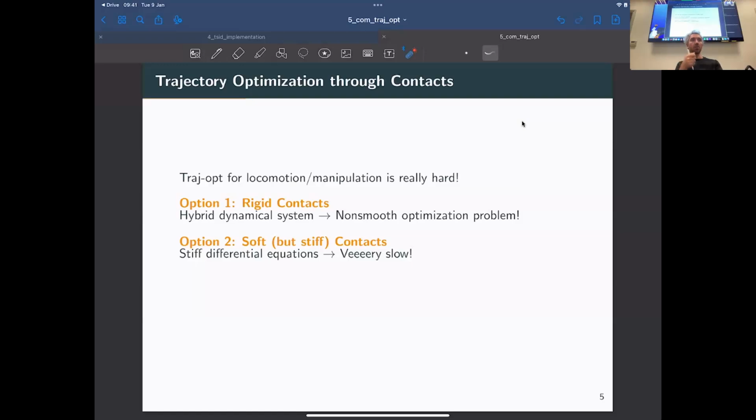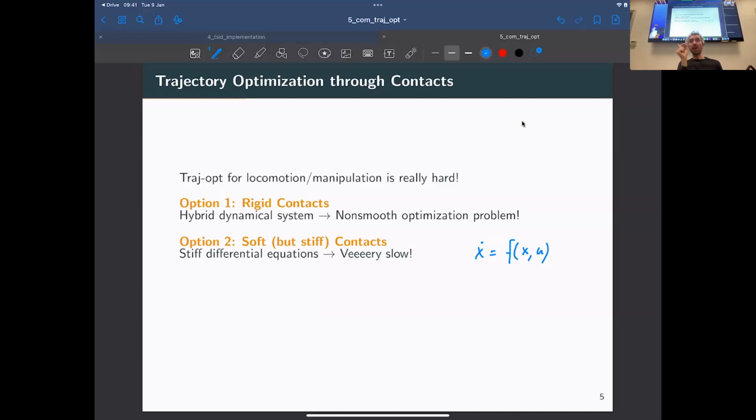The problem is that since you need to use a very high value for the contact stiffness, what you're going to get is a stiff differential equation. So now the system is described by a differential equation which is smooth, meaning that it can be differentiated. You have a derivative that is defined everywhere, but the derivatives get so large that to numerically integrate this differential equation and get a reasonable result, you need to use a very small time step for your numerical integration scheme.